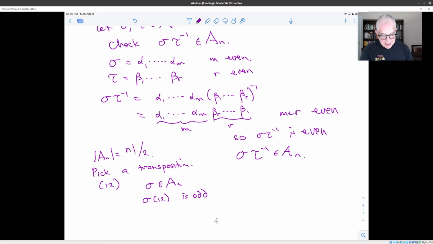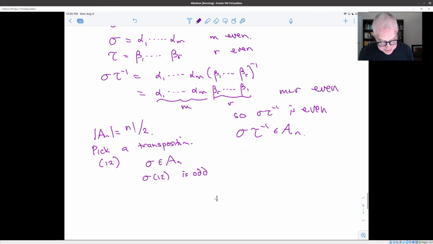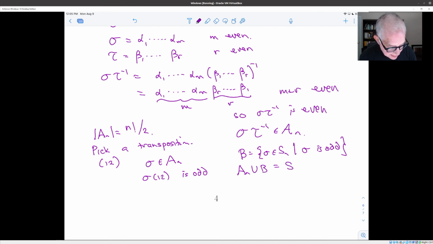I want to set up, if you want, the set of odd permutations. Let B be the set of sigma in Sn such that sigma is odd. We know that An together with B is all of Sn, and that An and B have nothing in common.